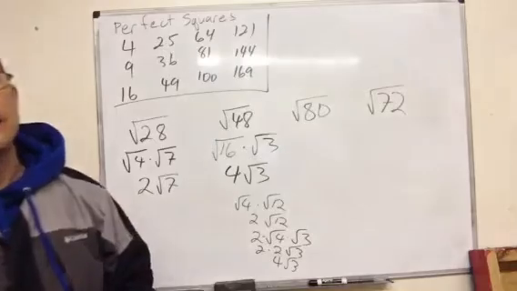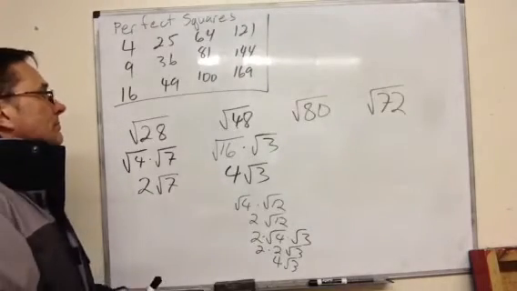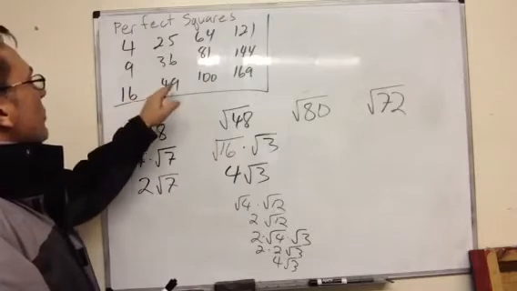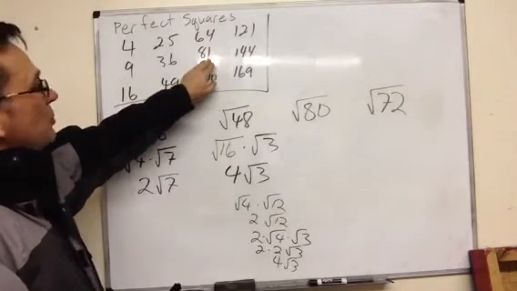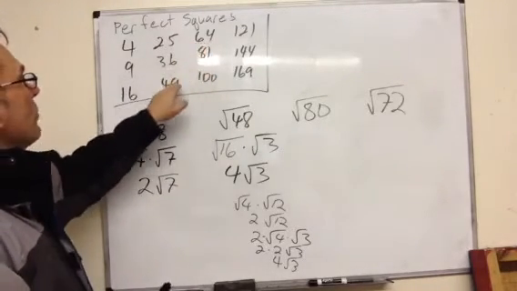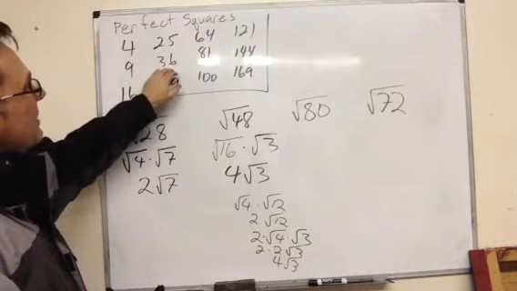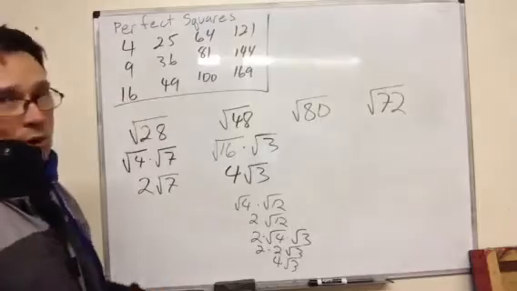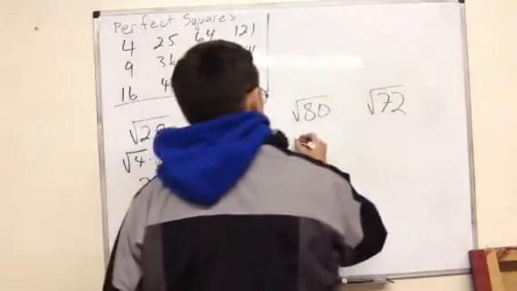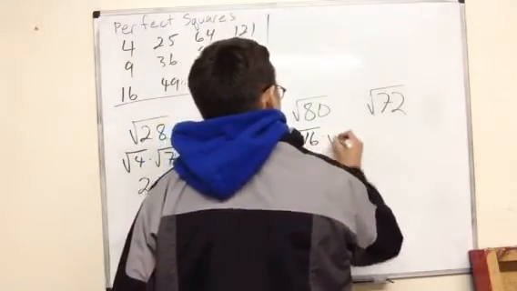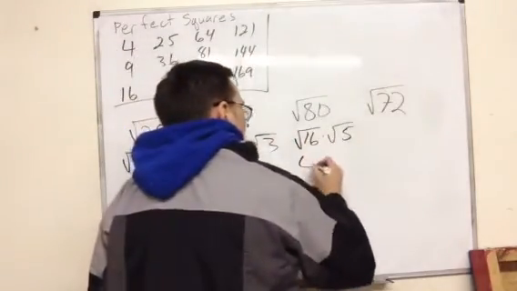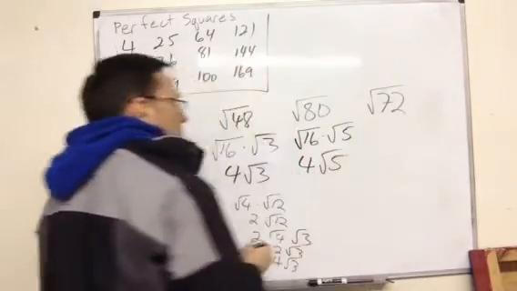Think about the square root of 80. If I look at this, 81's too big, 64 doesn't work, 49 doesn't work, 36, no, 25, no. But again, 16 works. And it goes into 80 5 times. The square root of 16 is 4 times the square root of 5.